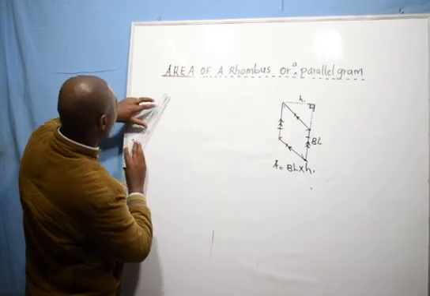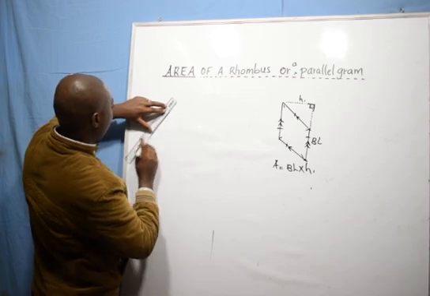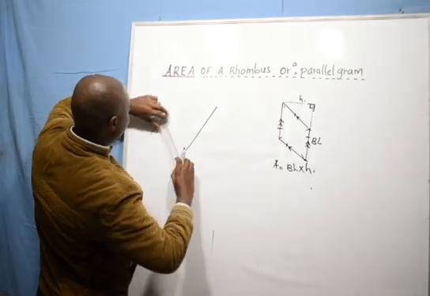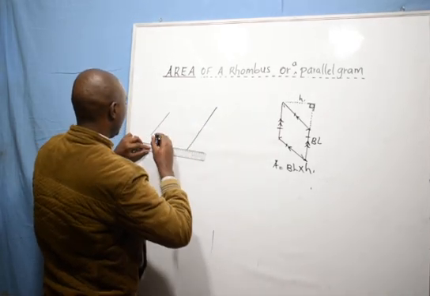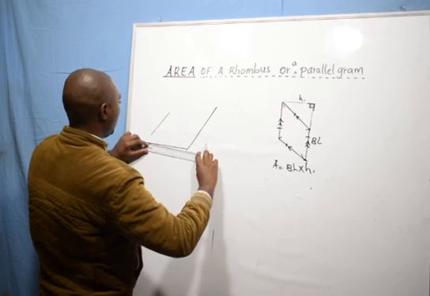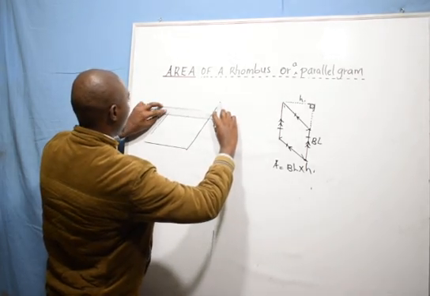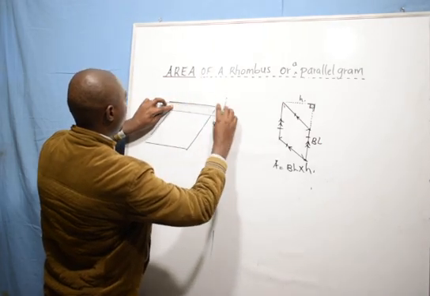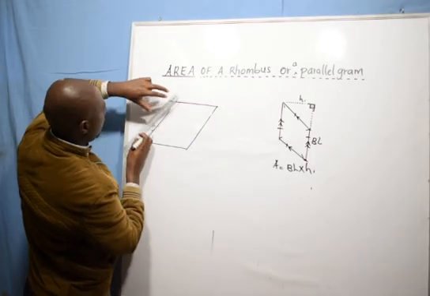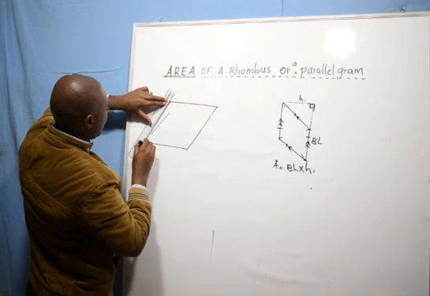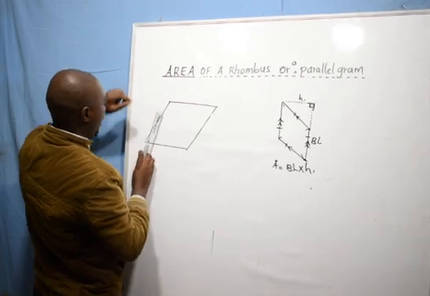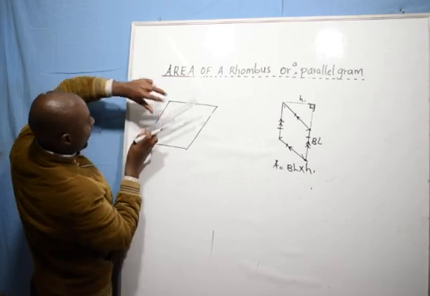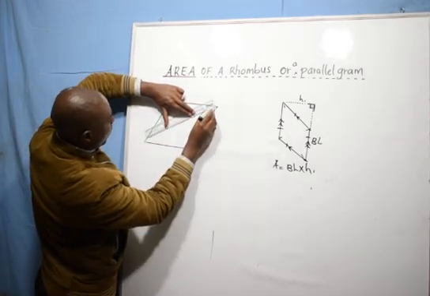You are given the diagonals of a rhombus. Here is the sketch of that rhombus. And instead of getting the base and the height, you are tricked and you are given the diagonals.